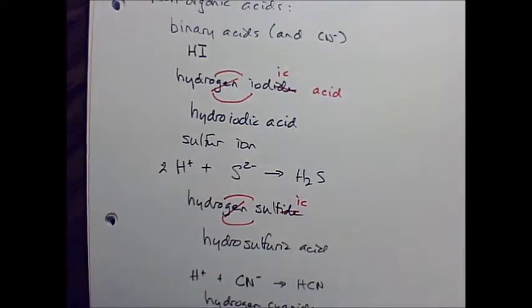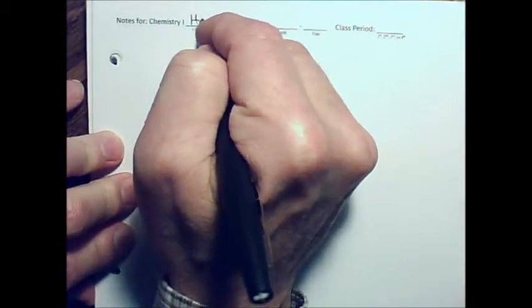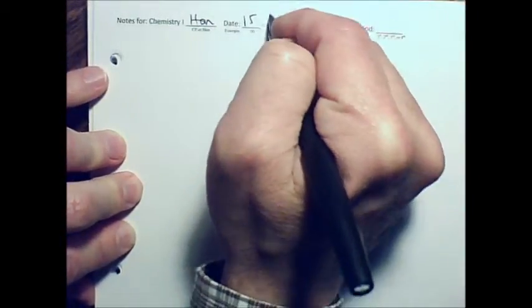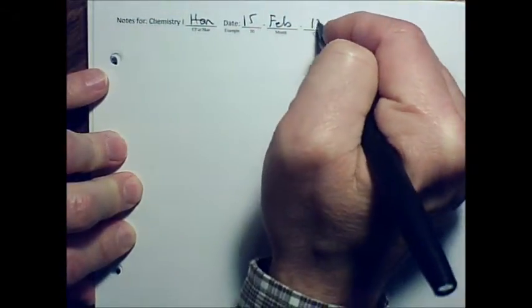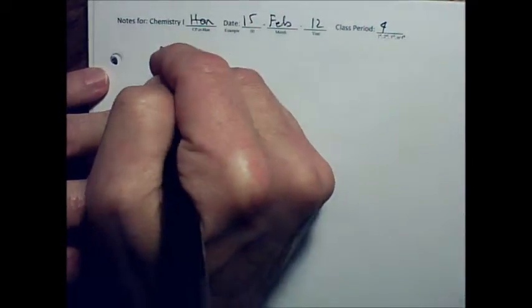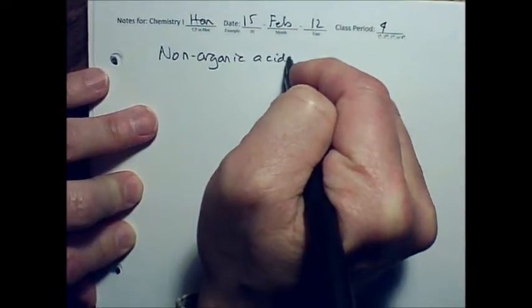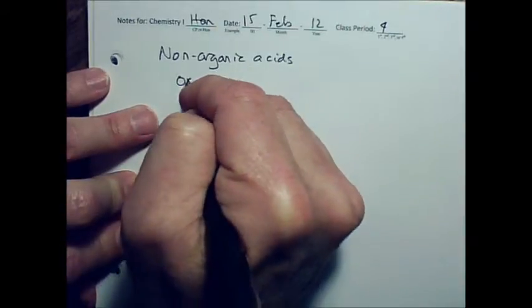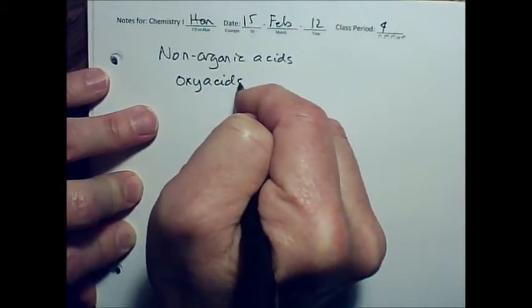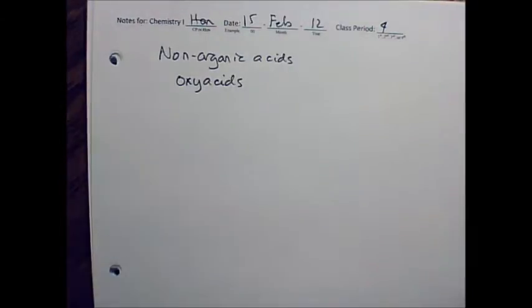Alrighty then. Let's do oxyacids now. Oxyacids are just acids that have a polyatomic ion that contains oxygen.